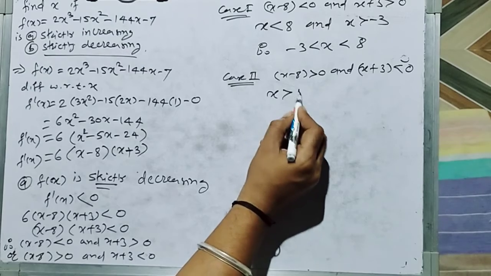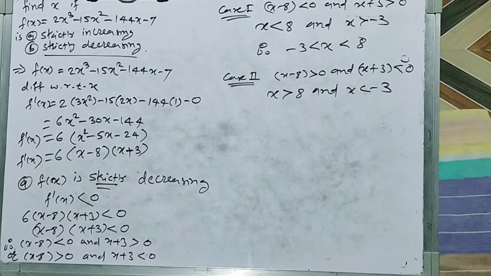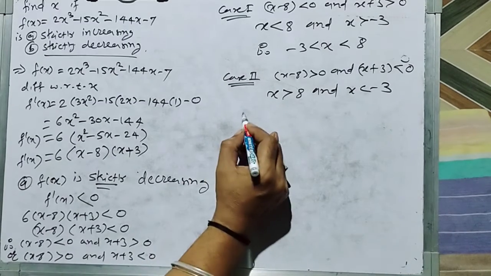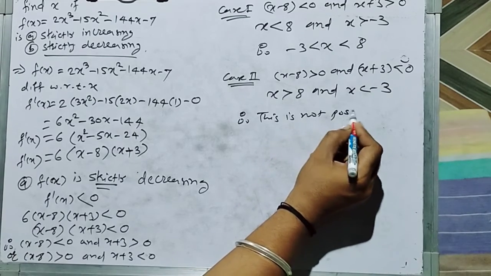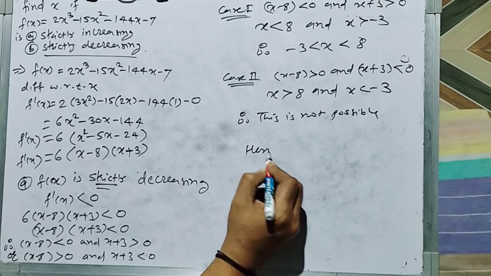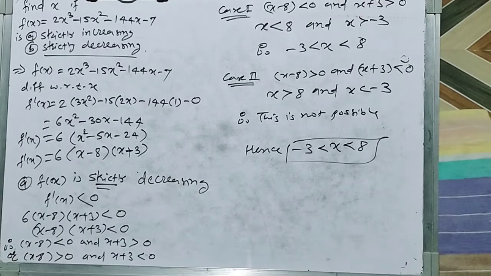It means here x is greater than 8 and x is less than minus 3. There is no such value such that x is greater than 8 and less than minus 3. So therefore this is not possible, and hence minus 3 is less than x is less than 8 is the required value of x whenever f of x is strictly decreasing function.